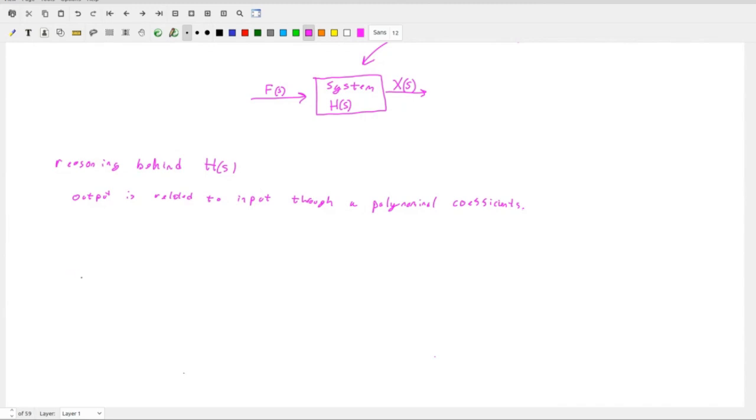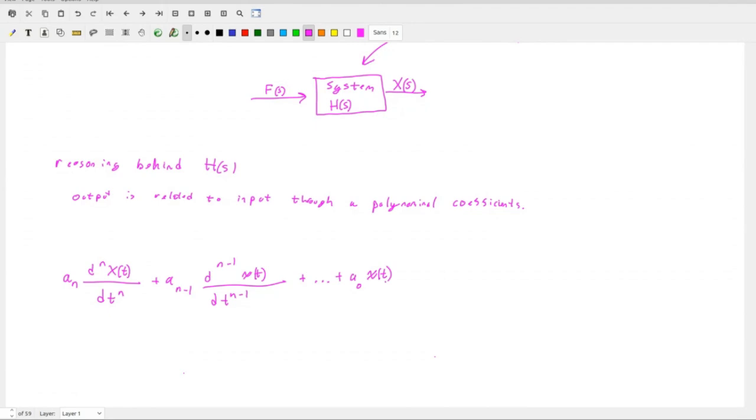So let's go ahead and draw out what a polynomial expansion would look like. We have a to the n, some scalar term, times d to the n x of t over dt to the n, plus a to the n minus 1 times d to the n minus 1 x of t over dt to the n minus 1, plus whatever else we want, depending on how many n's we have, plus a naught x of t.